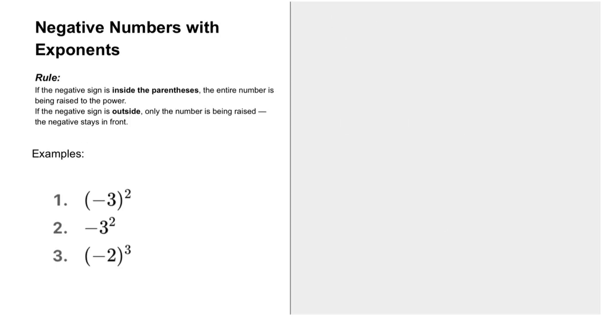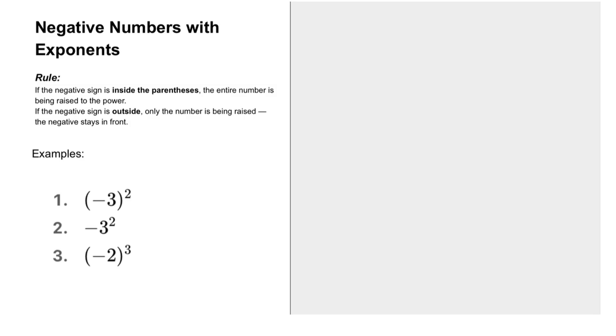All right, one last thing to note, negative numbers with exponents, there's a specific rule that follows this. If the negative sign is inside the parentheses, the entire number is being raised to the power. That means the base is a negative number.